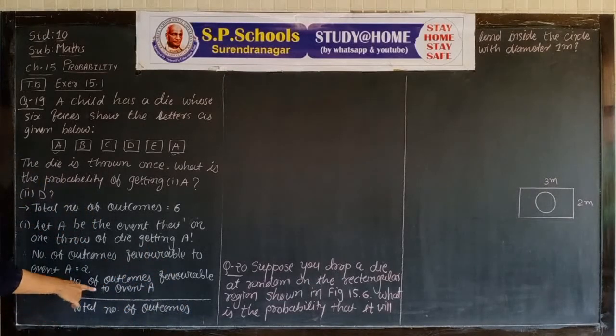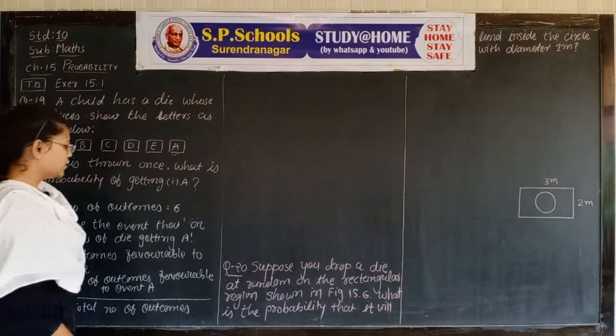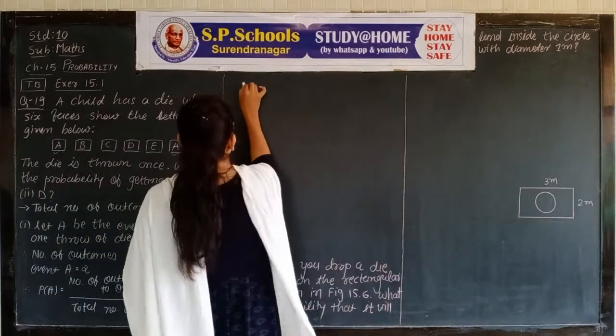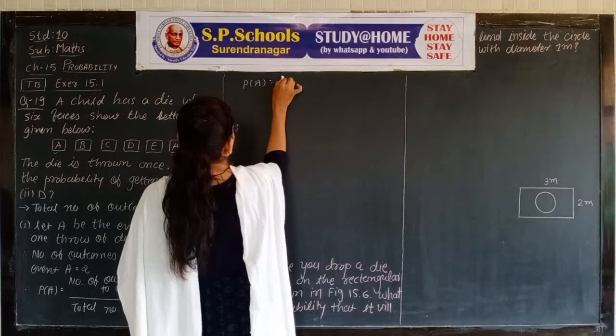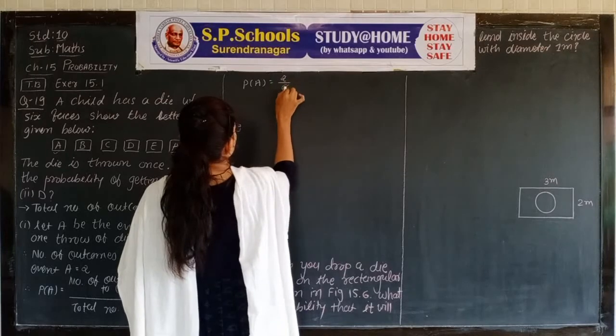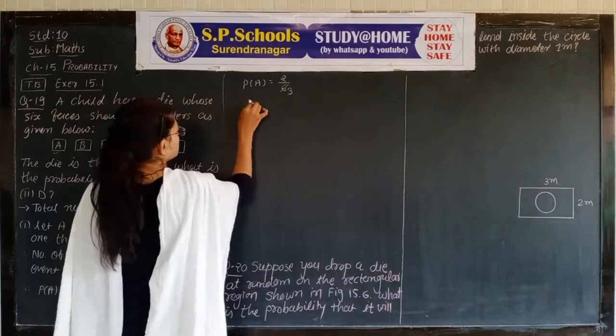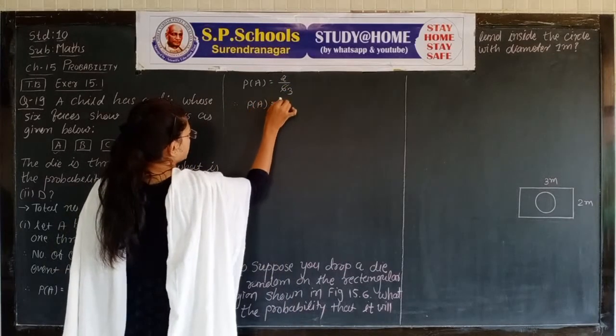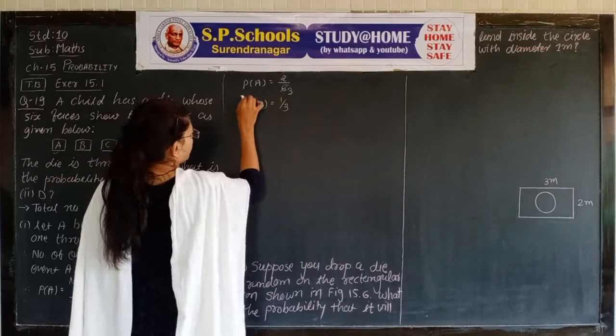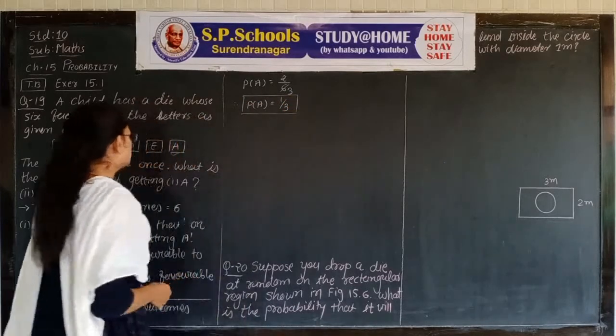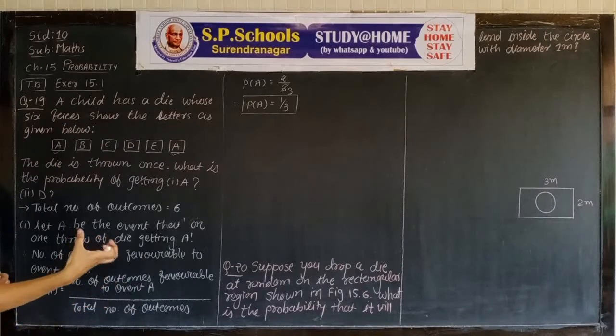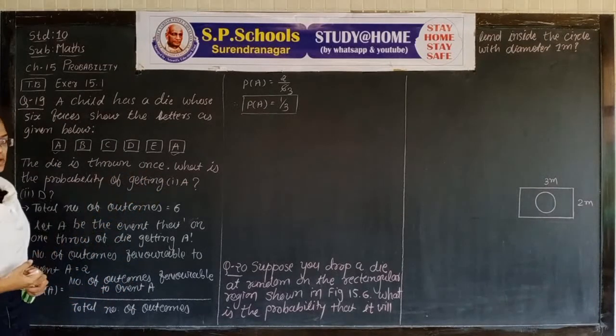Now we know the favorable outcomes are 2 and the total number of outcomes is 6. P of A is equal to 2 upon 6. 2 3s are 6, so our answer of probability is 1 upon 3. 1 upon 3 is the probability of getting the letter A on the dice.